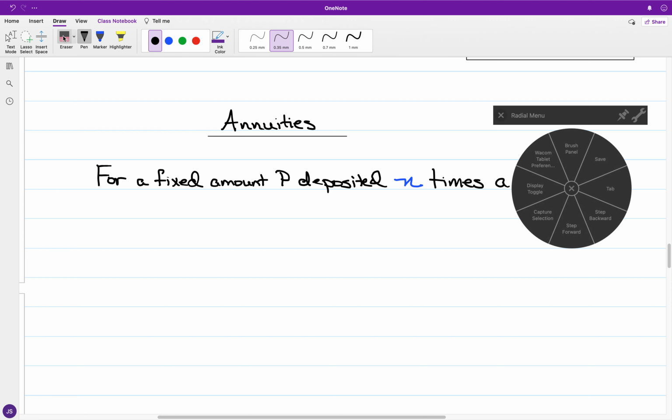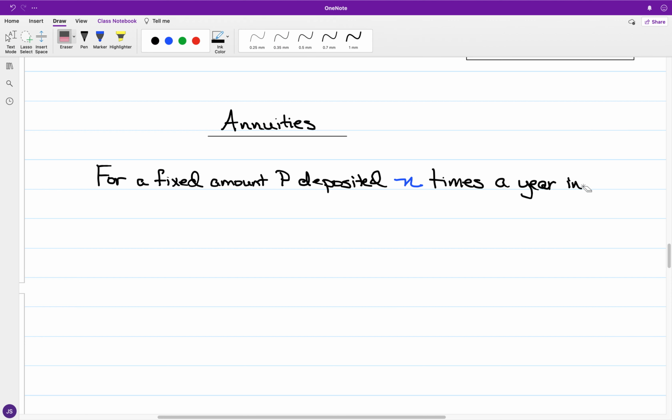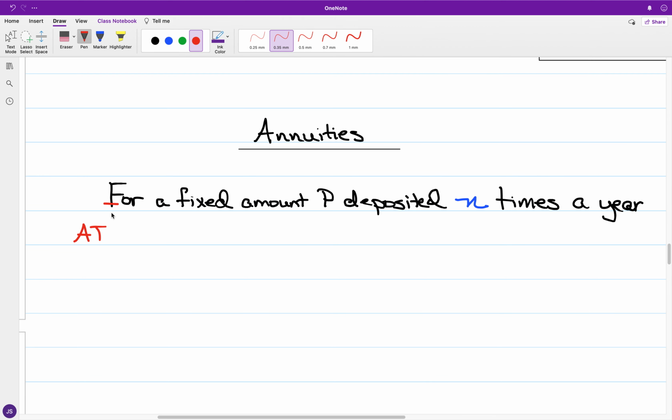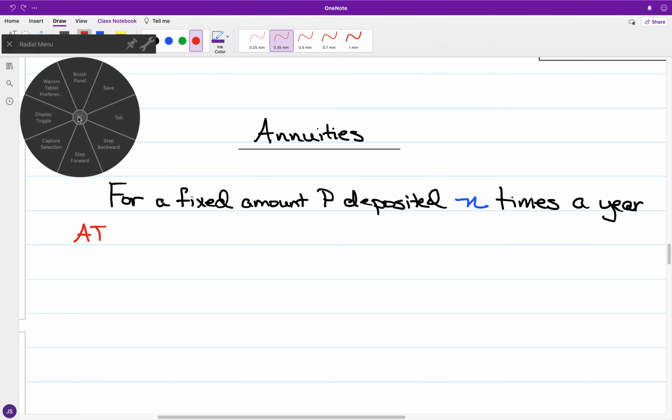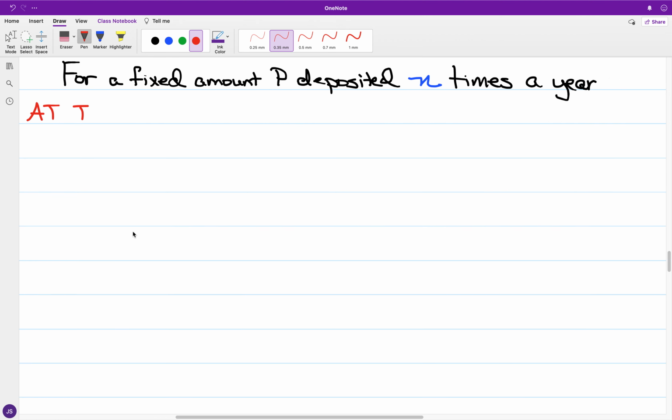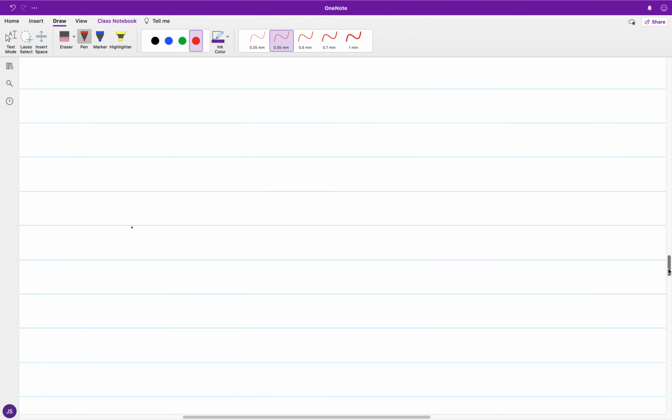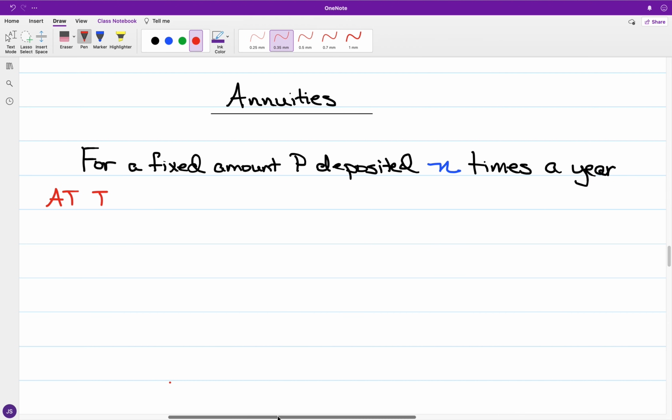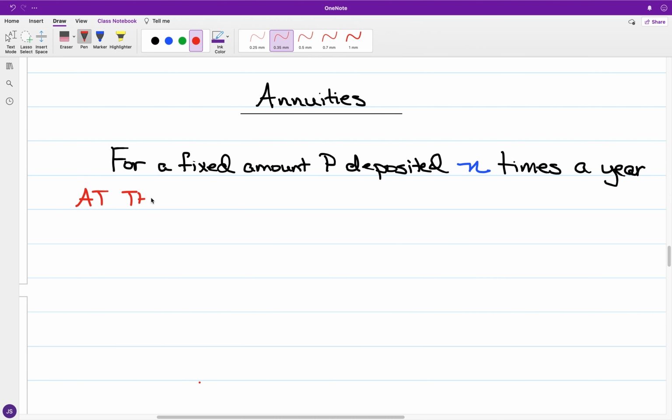let's see the way I can phrase this. So you have n times a year, at the end of each cycle. Okay, so you have the end of each cycle, and the cycle could be like month, semi-annual period, every 3 months.